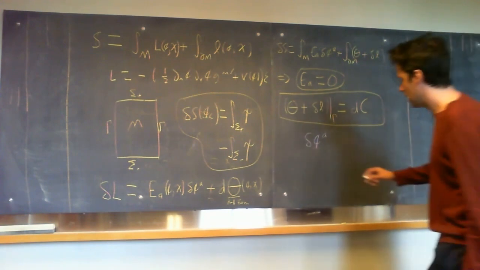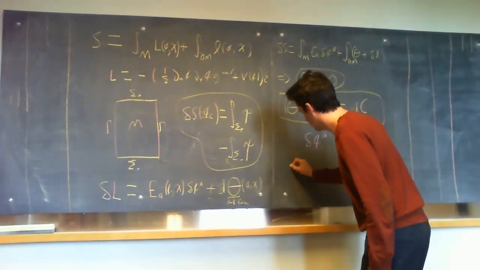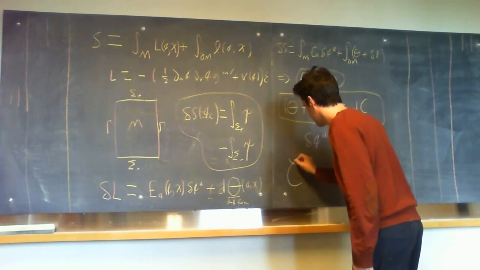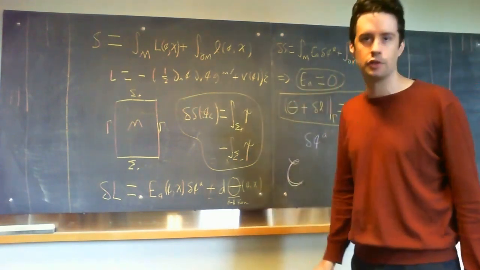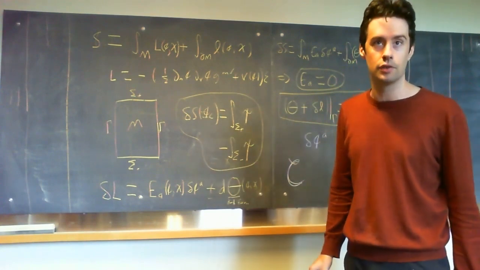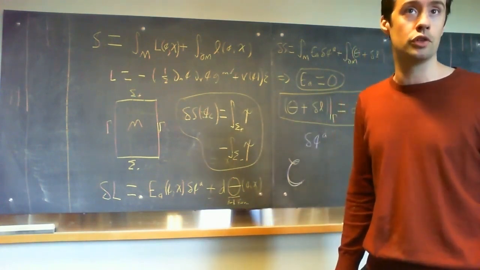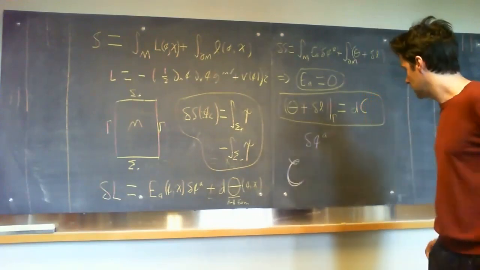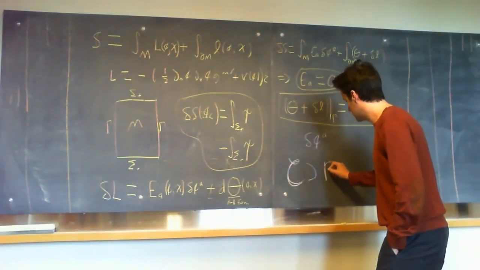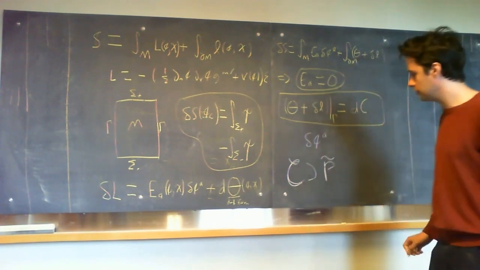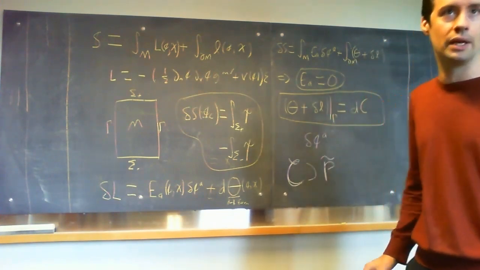So I want to define a big space, script C, which is the set of all configurations of phi which obey the boundary conditions. But they may not be solutions of the equations of motion. And then living inside of this C, there is this P tilde, which is the set of configurations of phi which also obey the equations of motion.